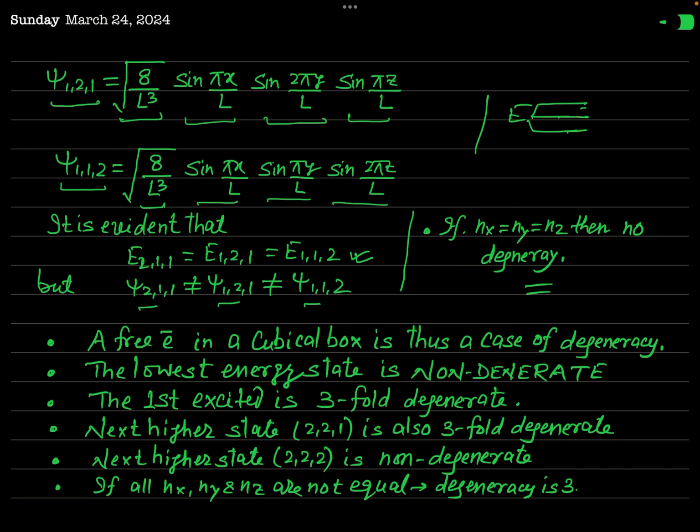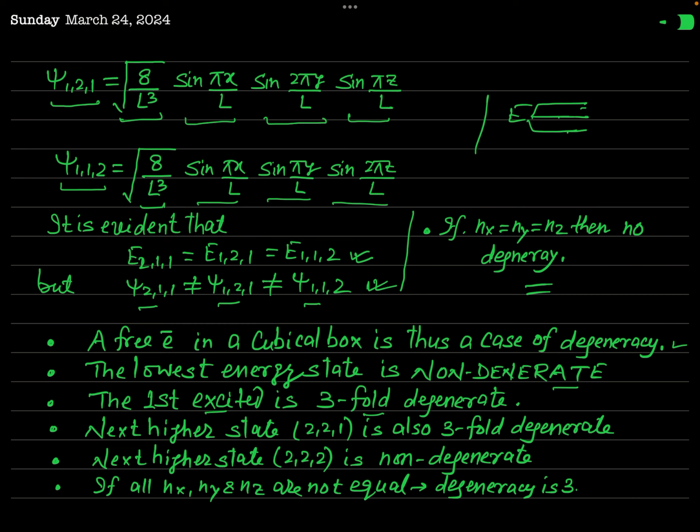So I have mentioned the important points here. You can see a free electron in a cubical box is thus a case of degeneracy. The lowest energy state, which is 111, is non-degenerate. We have seen the first excited state is threefold degenerate.